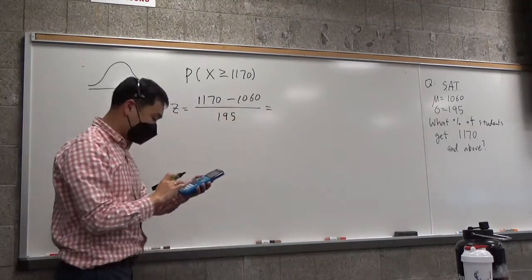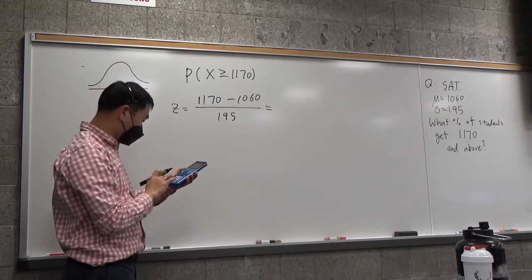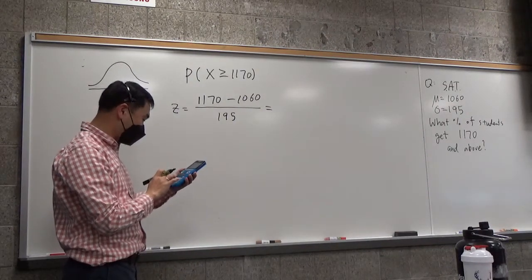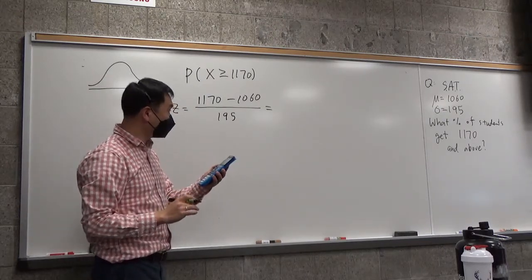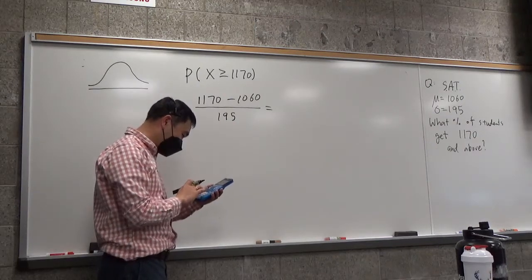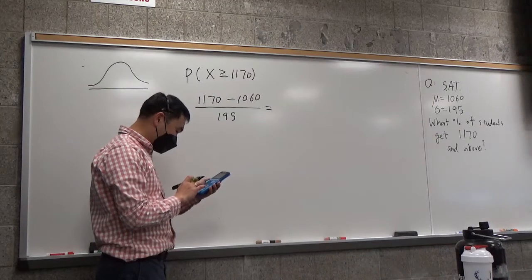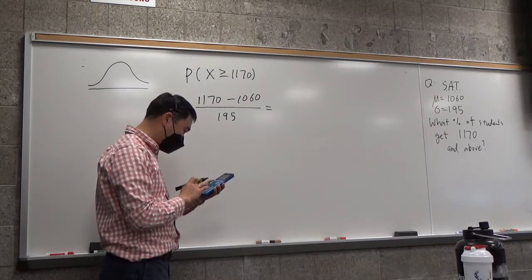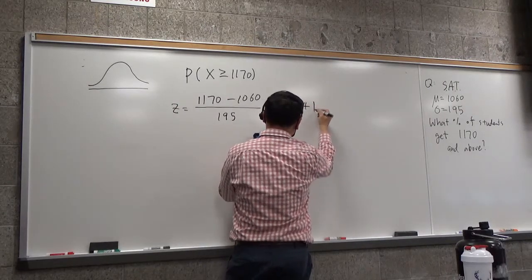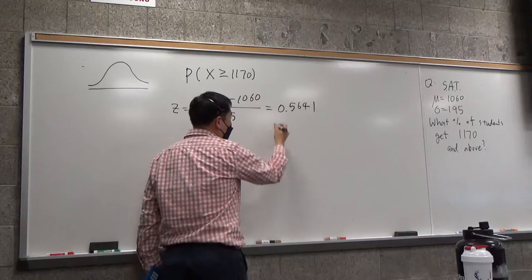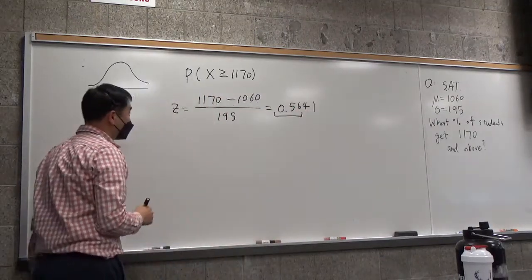Let's see what that is. 1170 minus 1060, and then divide by 195. You get 0.5641. And because our table only has this much, we'll round it to the nearest two digits, 0.56.